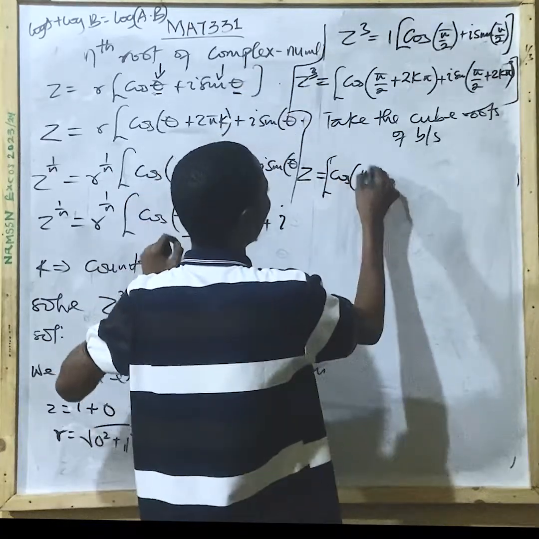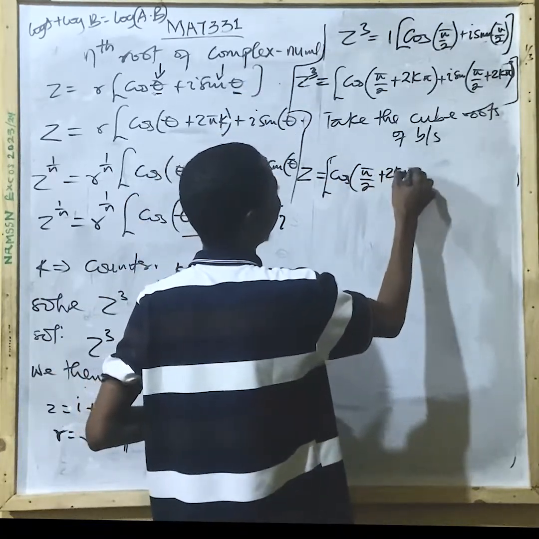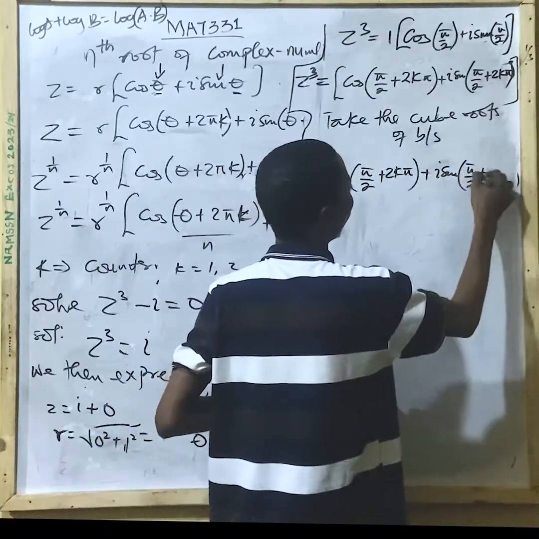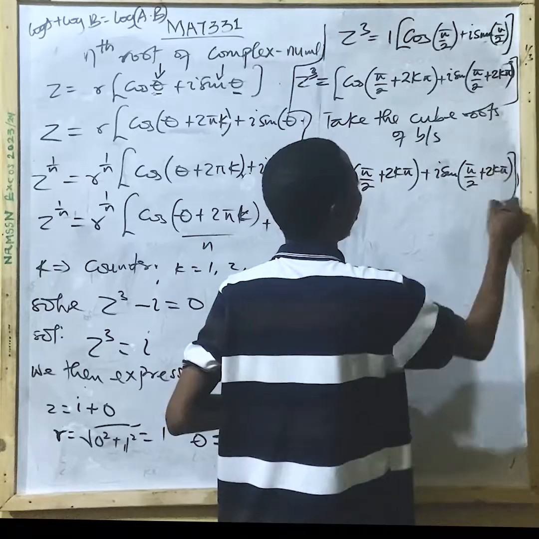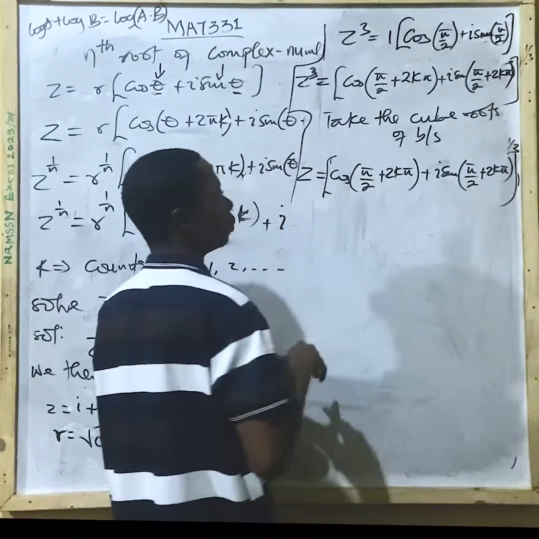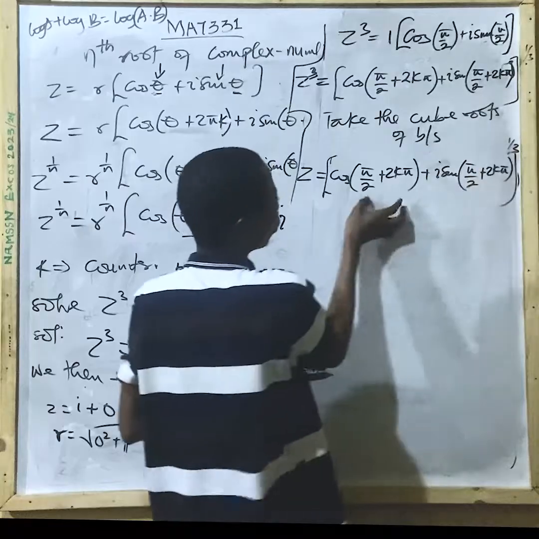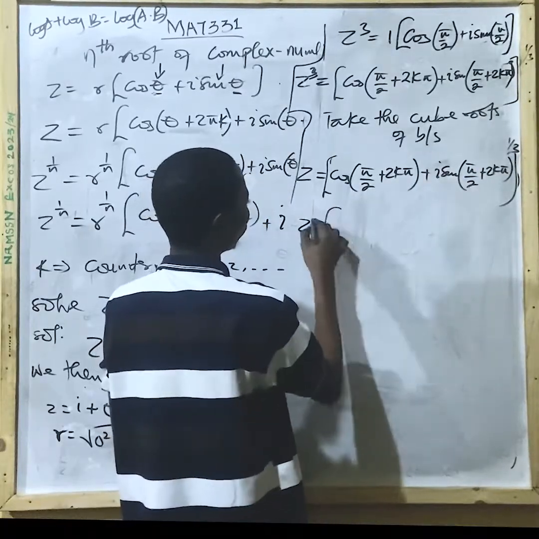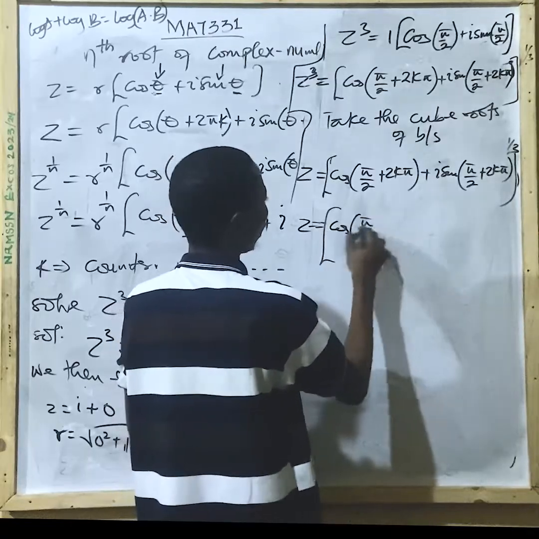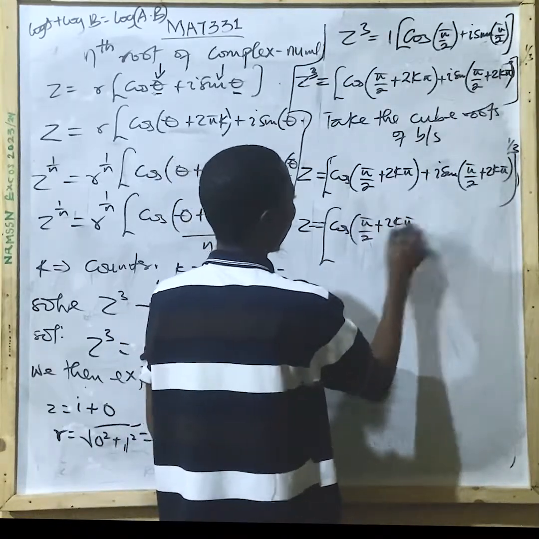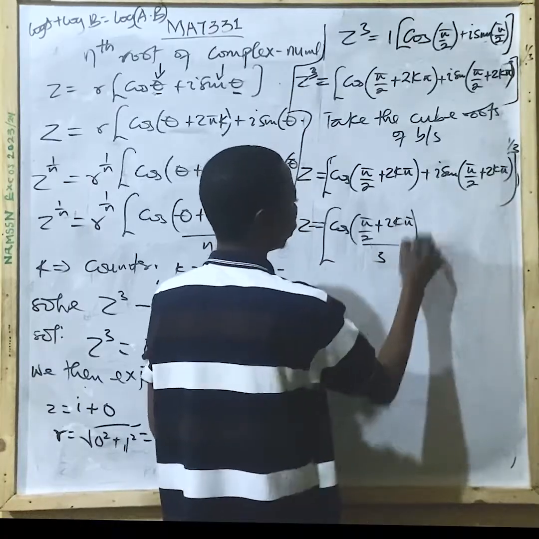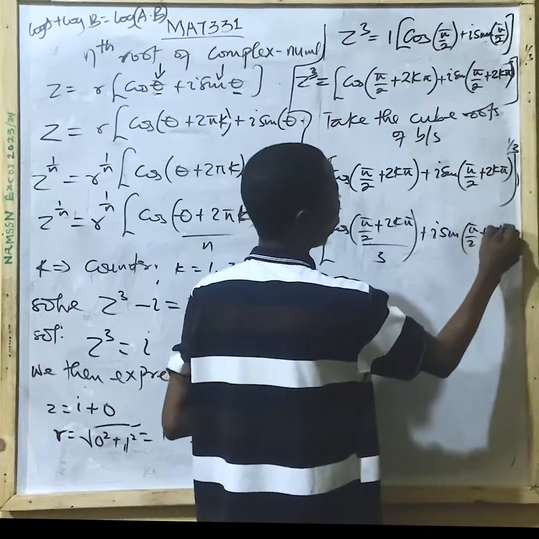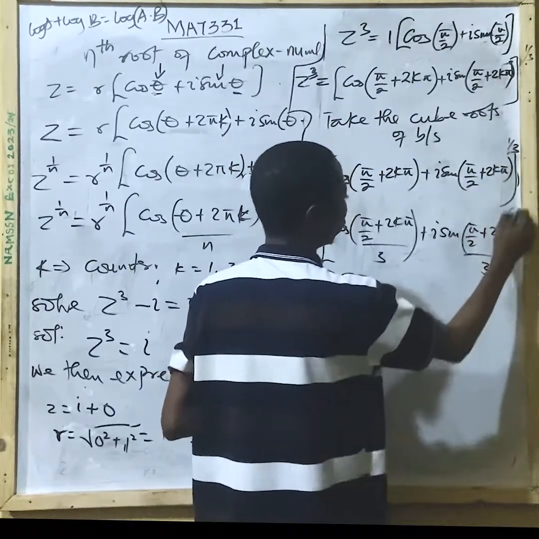According to De Moivre's theorem, this power 1 over 3 will just multiply the angle. So we are going to have z equals cos of pi over 2 plus 2k pi all over 3, plus i sin of pi over 2 plus 2k pi all over 3.